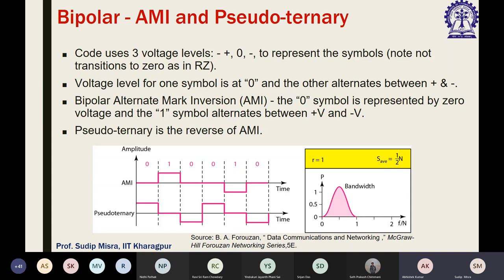So what I want you to do now is that before the next class, all of you will have to come prepared with a table of comparison between all these schemes that I covered, with respect to 3 factors. Number 1, DC component. Number 2, baseline wandering. And number 3, self-synchronization.